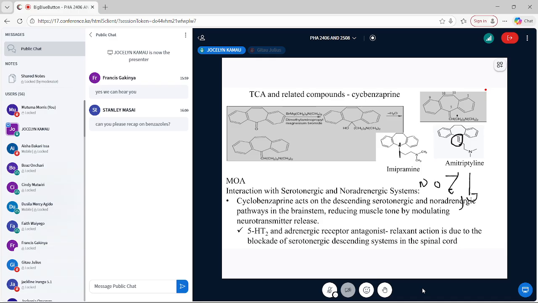I think the best is to say that the others do not have an endocyclic double bond in that ring. We cannot say this is a cycloheptane, because the double bond is shared by this ring and that ring. It is a cycloheptene, so I need to correct that.